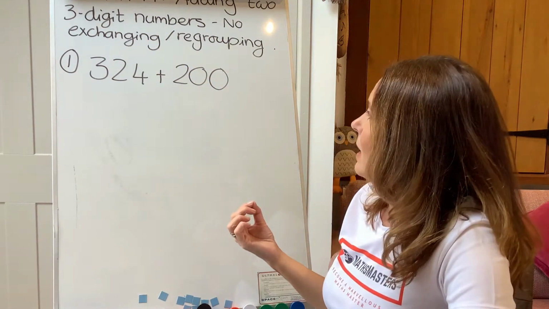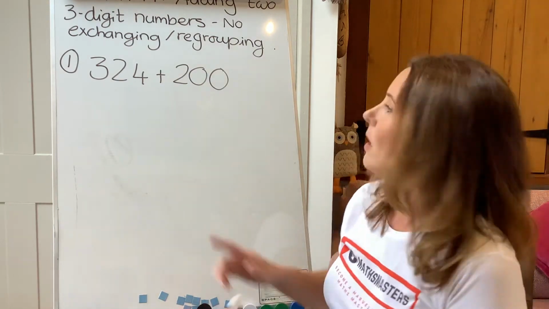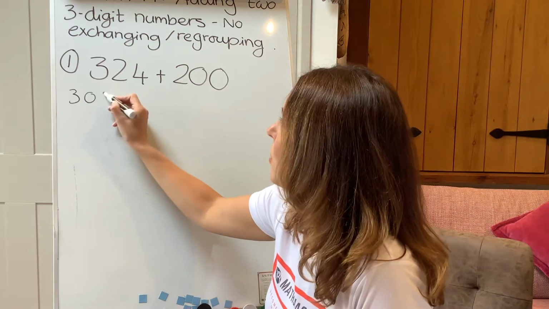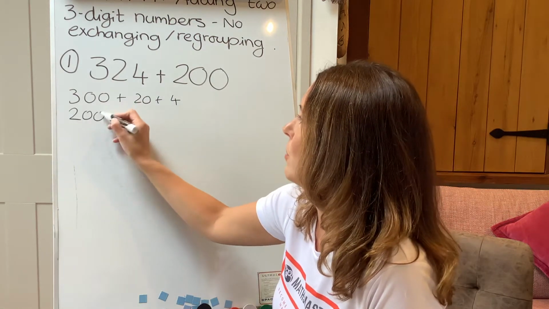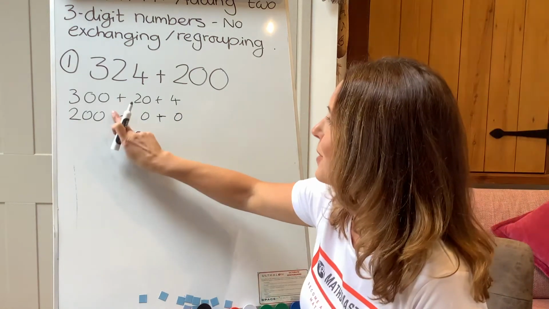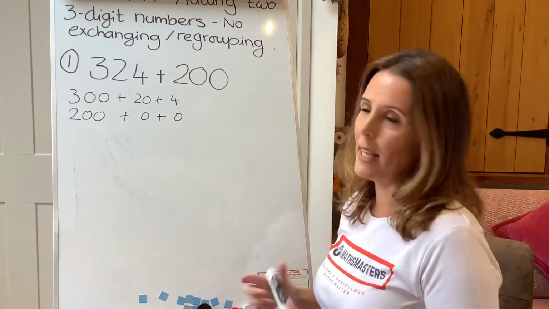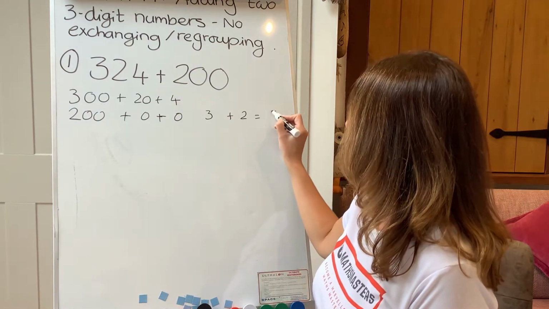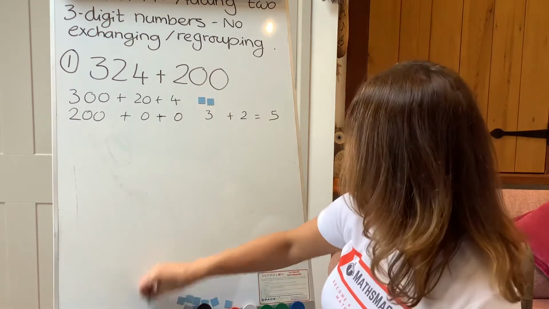So the quickest way of doing this is using our related facts. We can think 300 and 200 are going to be added together, because we're adding 324 and 200 and 0 and 0. To add 300 and 200 together, I can use related facts. I know that 3 and 2 is equal to 5, which we can see using the place value counters or base 10.